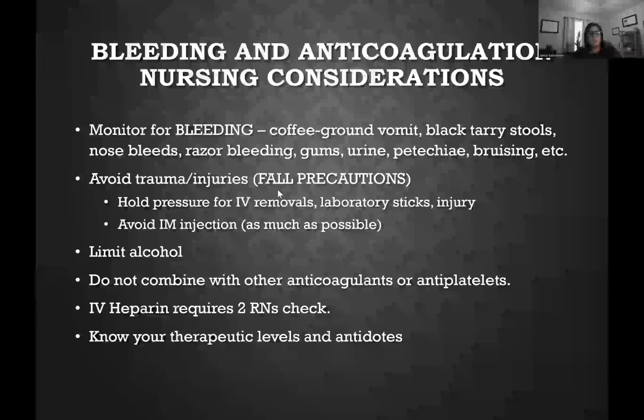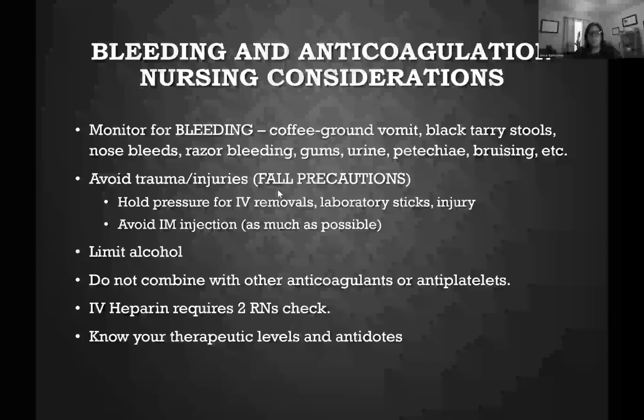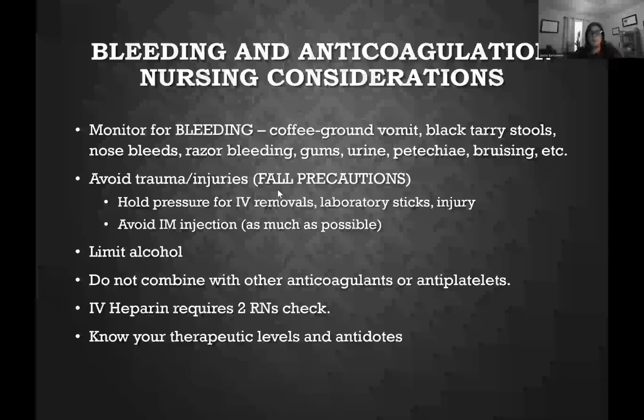So some nursing considerations, again, education, there are fall risks. If you are removing an IV or getting an injury, you want to hold pressure for 15, 30 seconds. You want to avoid any intramuscular injections as much as possible. You want to monitor for bleeding in all the orifices that we have. Also check the skin for bruises, hematoma.